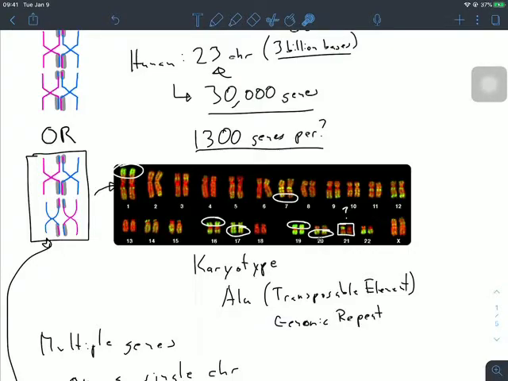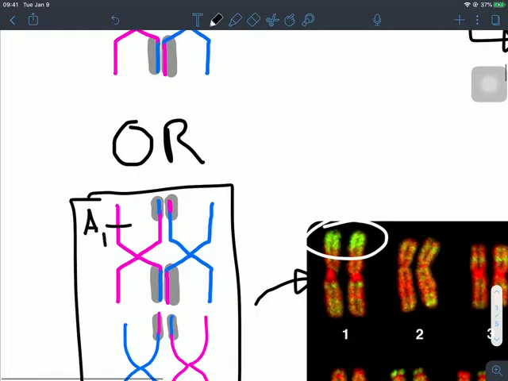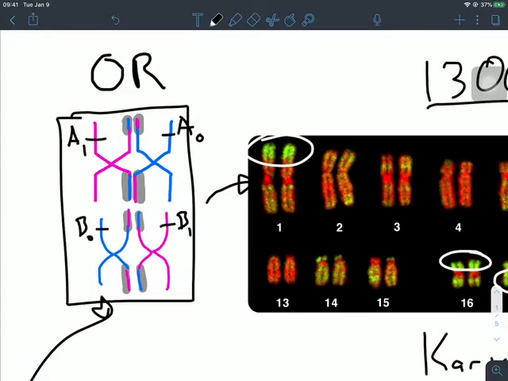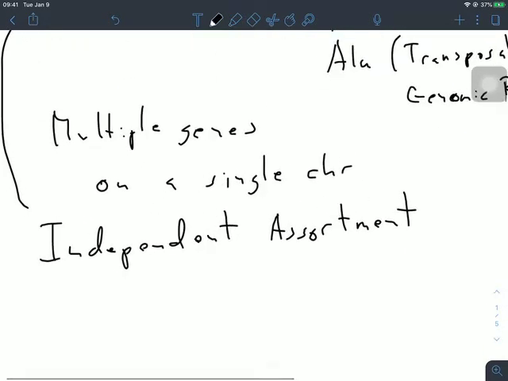Any gene found on chromosome 1, like let's say the A1 gene versus the A0 allele here on dad. Well, if dad's are also B0 and mom's are B1, you know that A1 can match with either B0 or with B1, right? Independent assortment says that you are going to create all 4 possible gamete pairs.